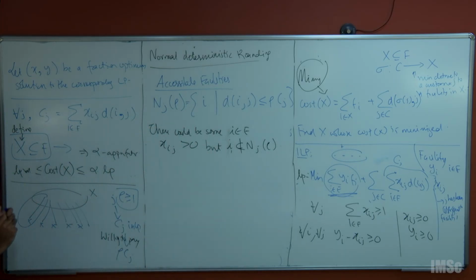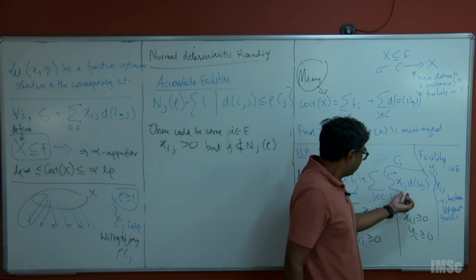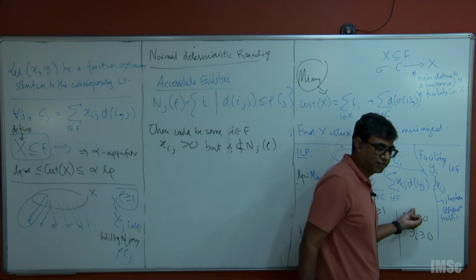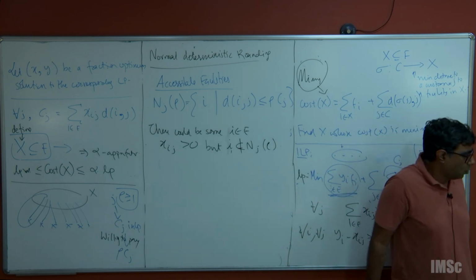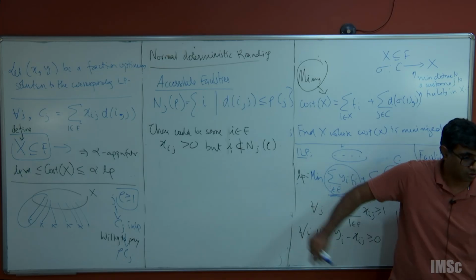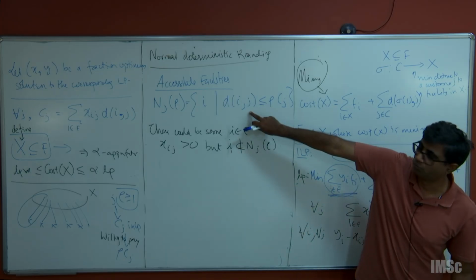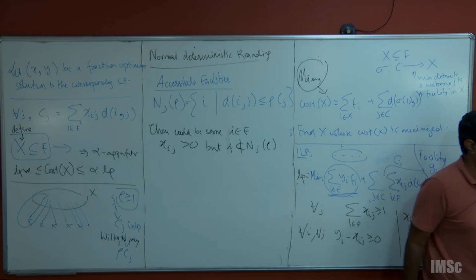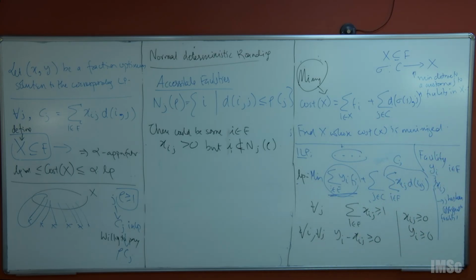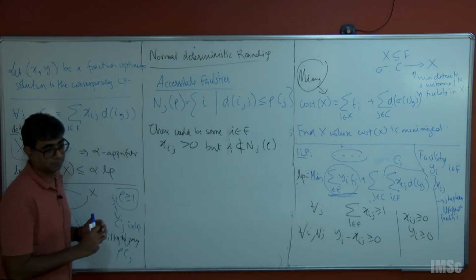My LP gives some value, like 30% assigned to this facility, 50%, maybe even 1/1000% assigned to some facility. It's possible that it is greater than 0, but if the distance is really too much, I'm not going to put him here. So it's possible that the fractional solution assigns someone fractionally, but the facility may not belong to this set.